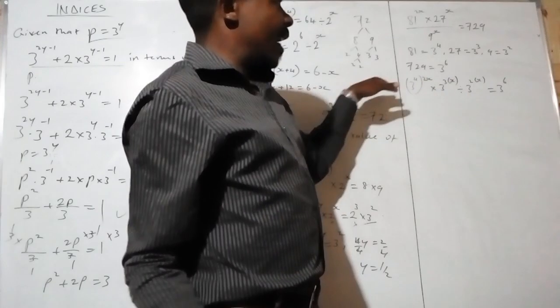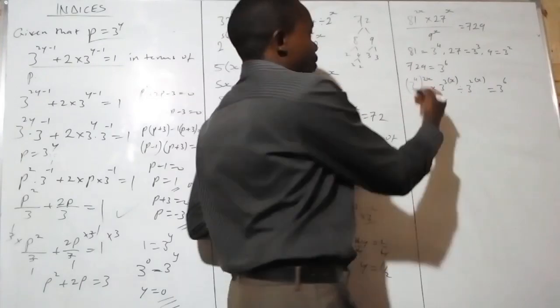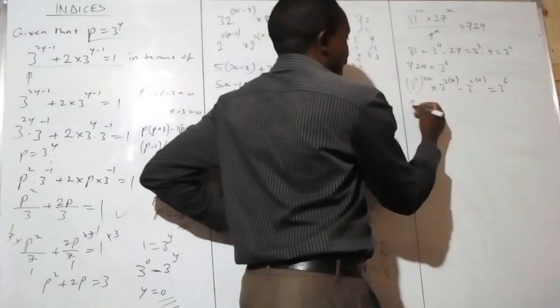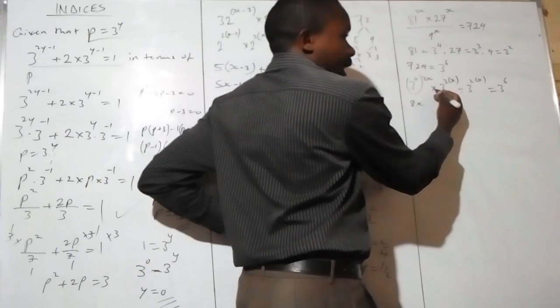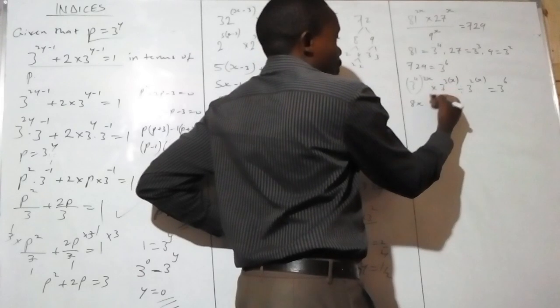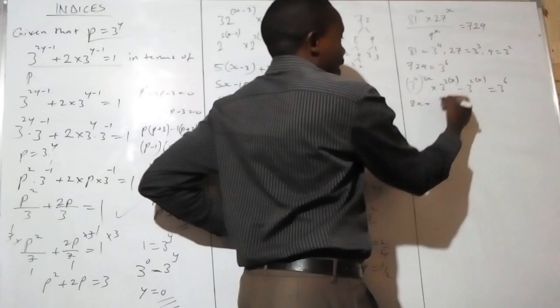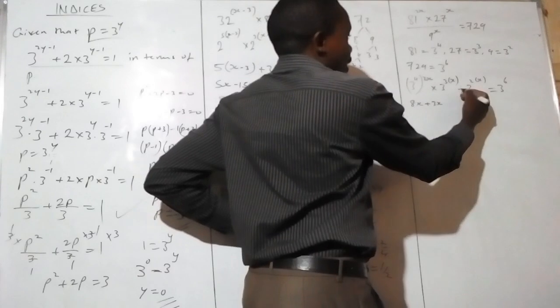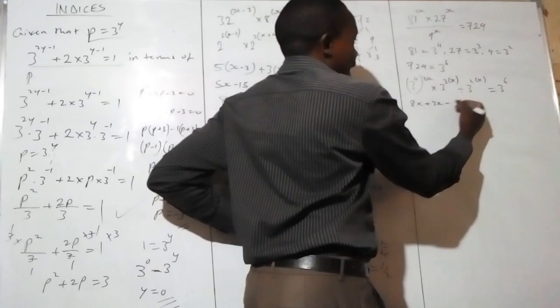Opening the bracket, you have 4 times 2x, 8x. Due to the law of indices, when you have times, you add the powers. 3 times x, 3x. Due to division, minus 2 times x, 2x is equals to 6.